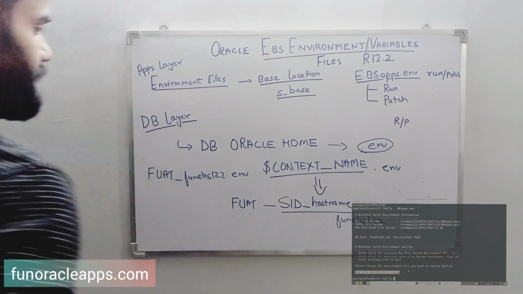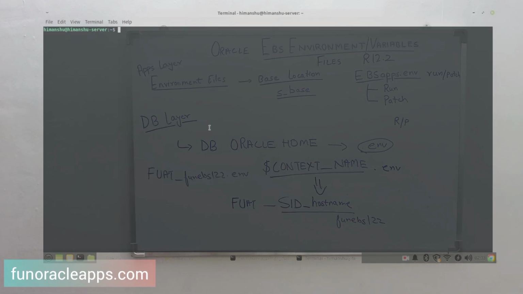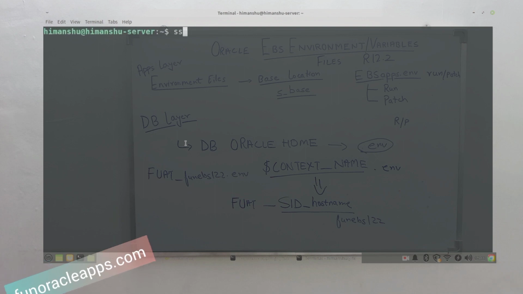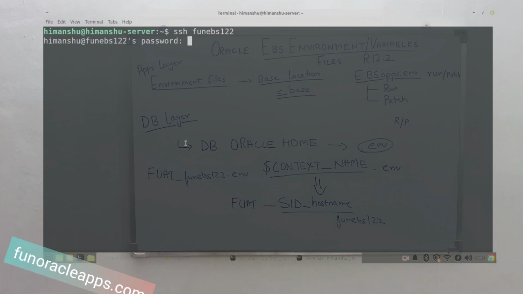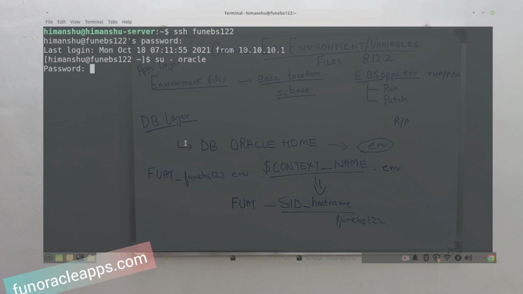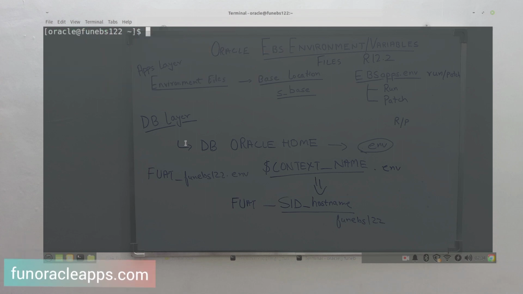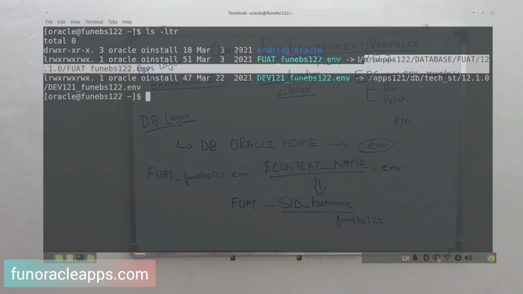So now let's see how it will look on the system as well. Now if I go back and connect to my database server, my database is running from the Oracle user, so I will connect to it.